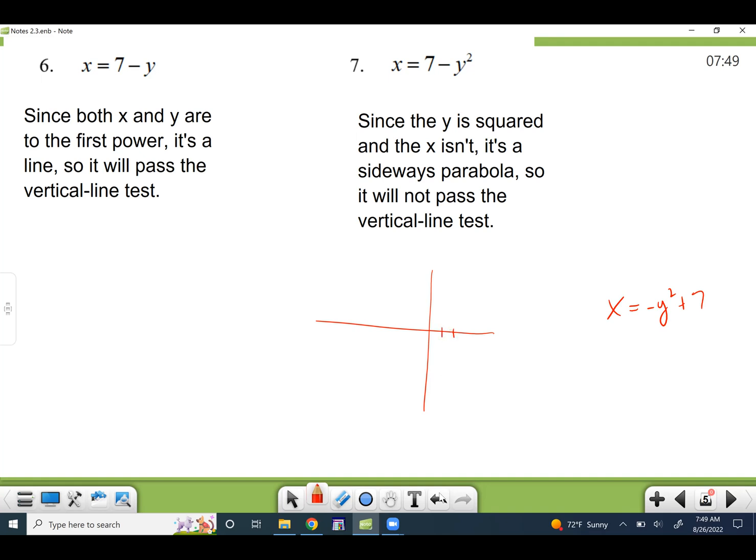Just say 7. And it's going to be facing towards the left. Negative space this way. Okay. So you can see that if we were to draw a vertical line, we'd touch twice, right? So that is not a function. Okay. And don't worry about if you knew which way it faced, if you knew the details about it. As long as you know it's a sideways parabola of some sort, it's gonna touch twice when you draw a vertical line, right? So don't worry about the details. We're gonna learn that later, okay?